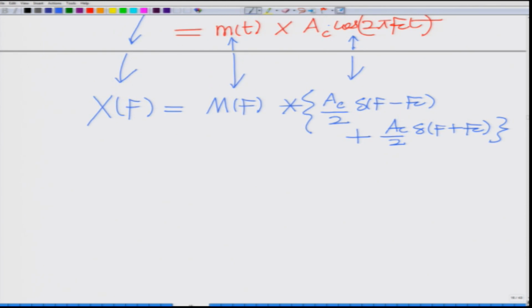So, this is the spectrum of A_c cosine 2 pi f_c t, and then the convolution with M(f).